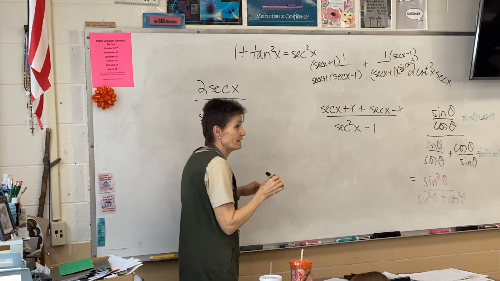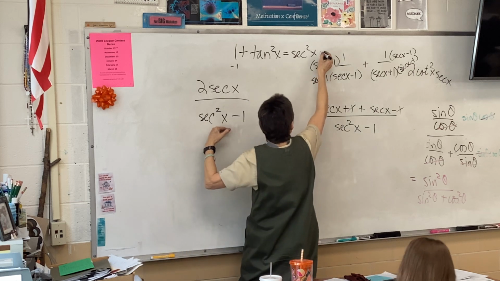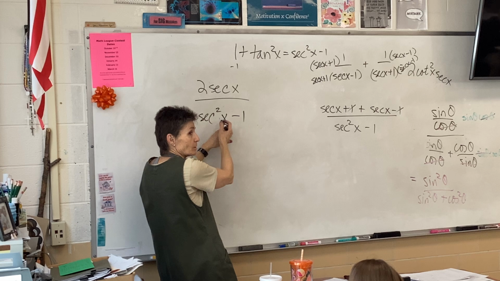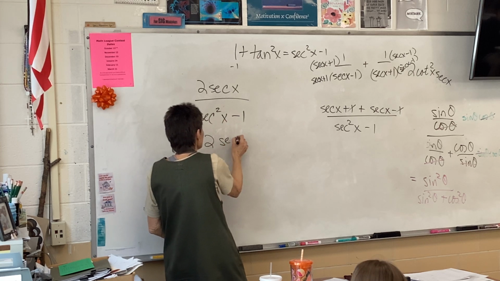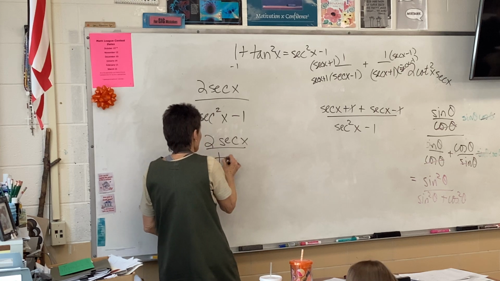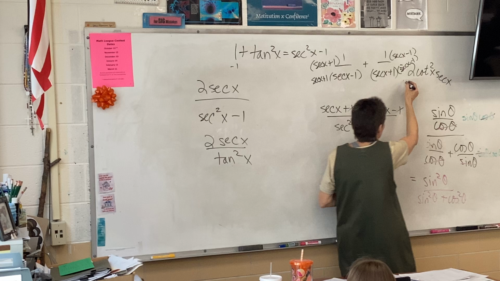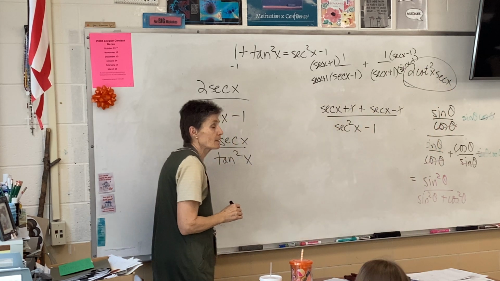Okay, now wait a minute. If I move this 1 over, doesn't that just equal tangent squared? Yeah. So now I have 2 secant over tangent squared. I'm keeping an eye on where I'm headed. It's a long problem. Yeah, it is. Alright? I haven't been thinking about this.